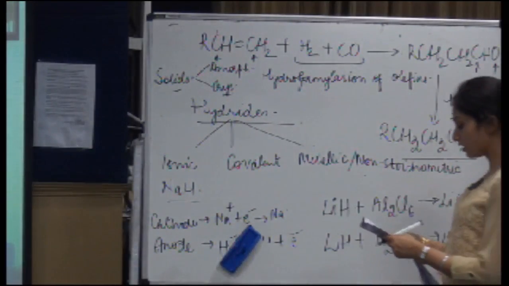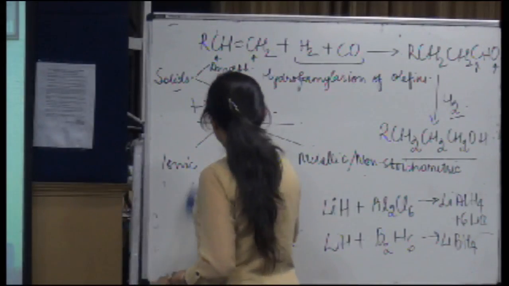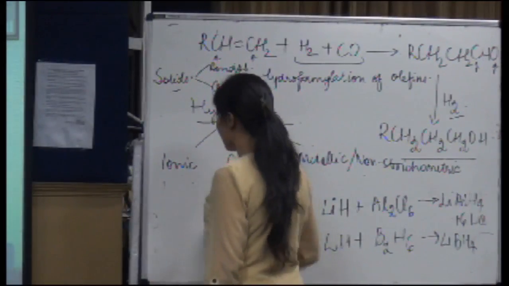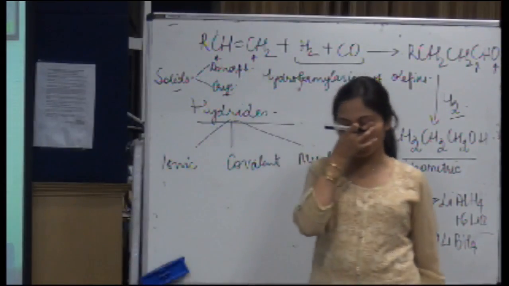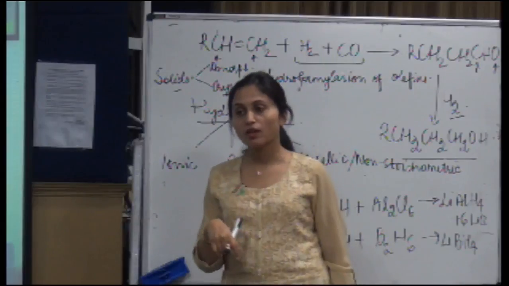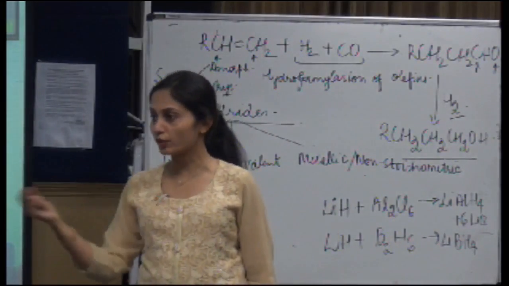Done with ionic? For ionic hydrides we've just discussed some properties. You can write down the reactions at the cathode and anode, as in electrolysis reactions. Ionic hydrides are formed by complete transfer of electrons.